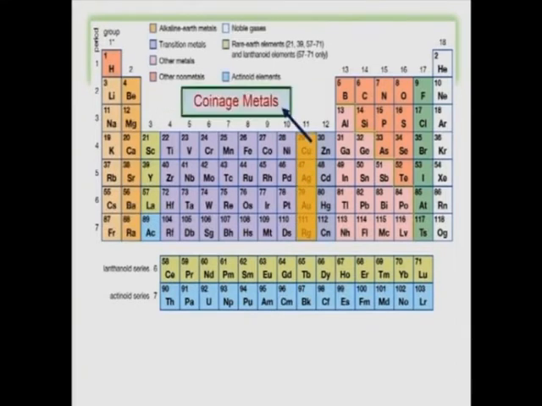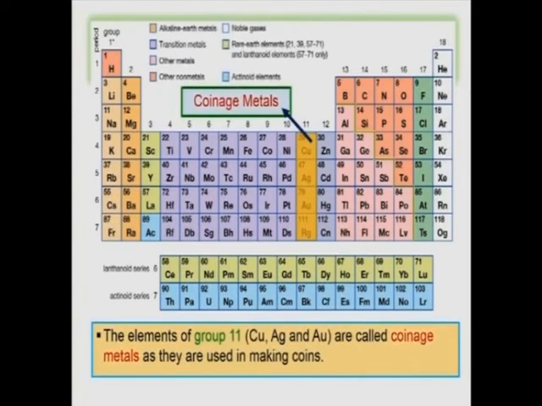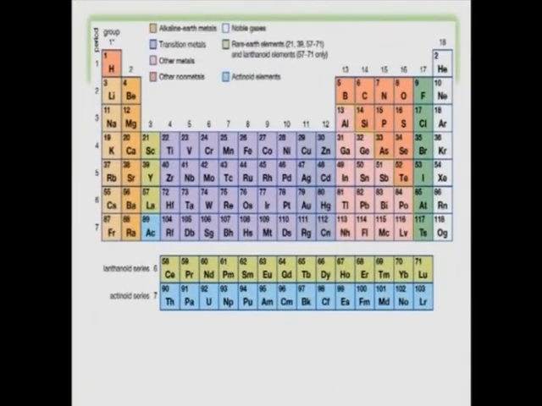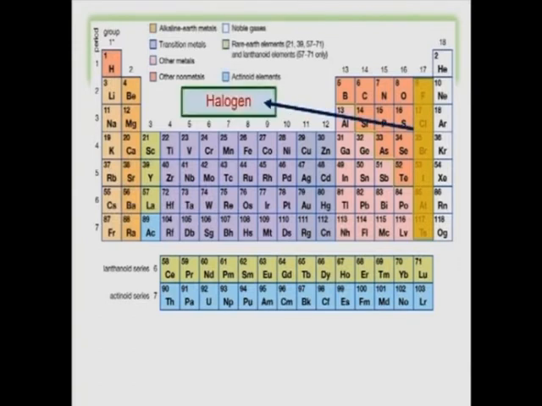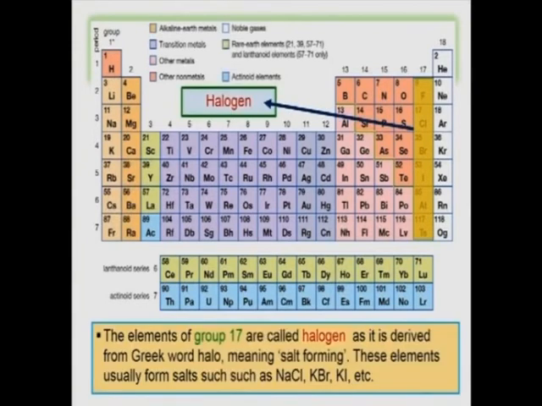And elements in group 11 are called coinage metals. Why we call them coinage metals is because these elements are used in making coins. If you see the elements in group 17, we simply call them halogens, and halogen is a Greek word which simply means salt forming.